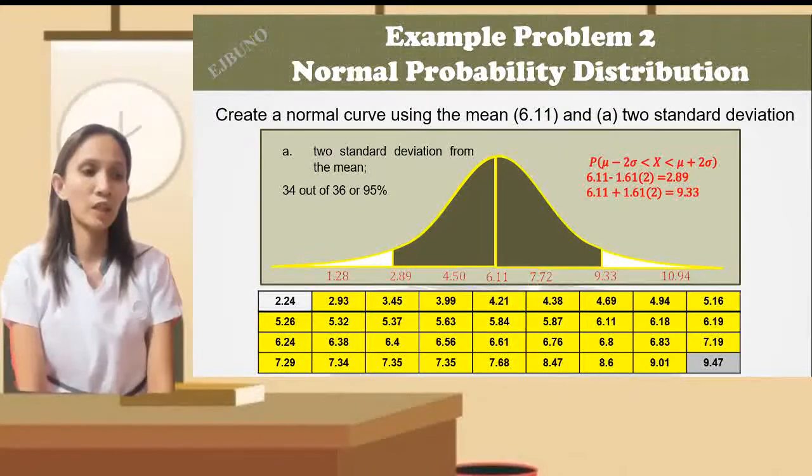So our two standard deviations from the mean is 95%, or 34 out of 36.